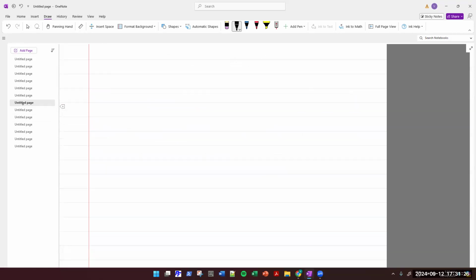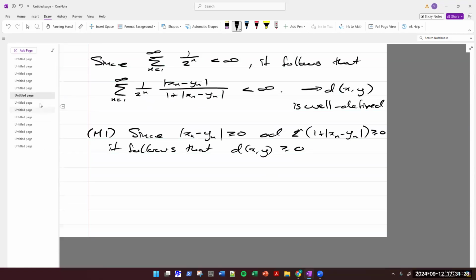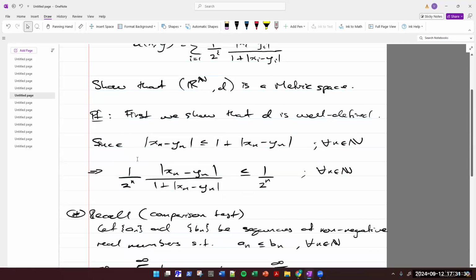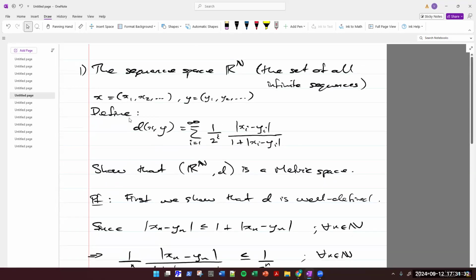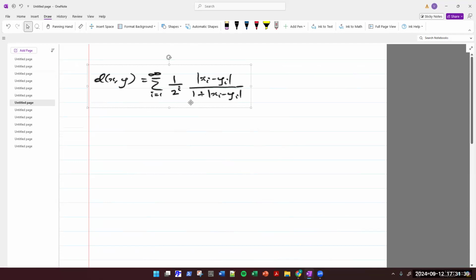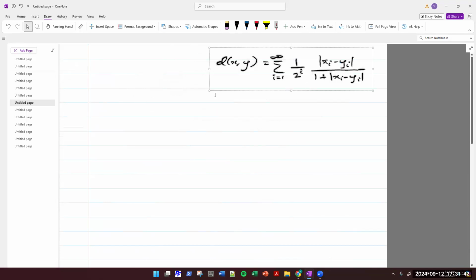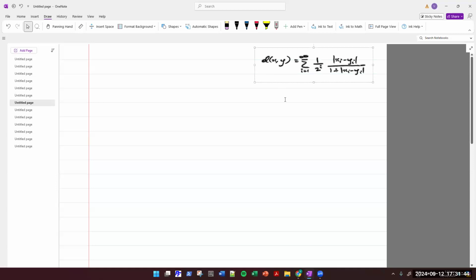Let's get a new picture. M2. Actually, let me take the metric. Okay, so just to keep in mind what the metric is, I'm just going to have it over here. Okay, so M2 is coincidence.